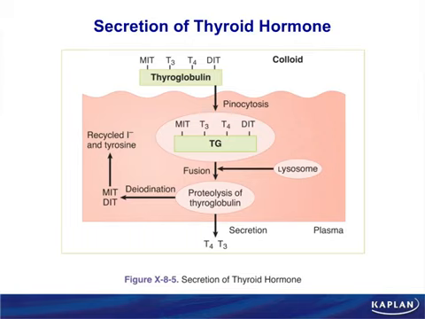Lyse me some. And then it melts off the T3 and the T4, and they go out into circulation in a 20-to-1 ratio. Eventually, it becomes 50-to-1 because T3 has a shorter half-life.